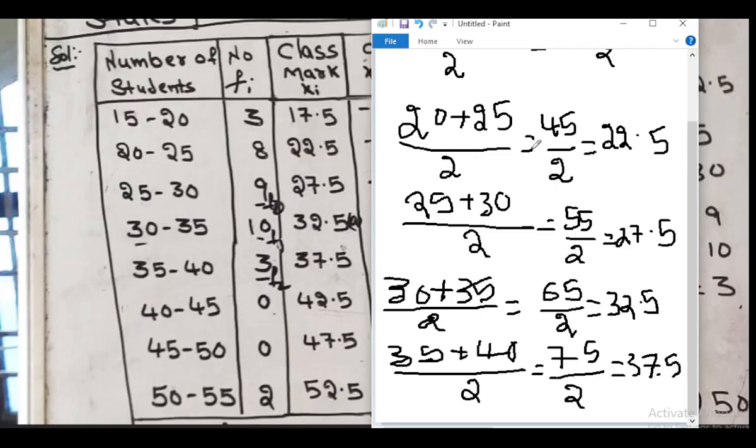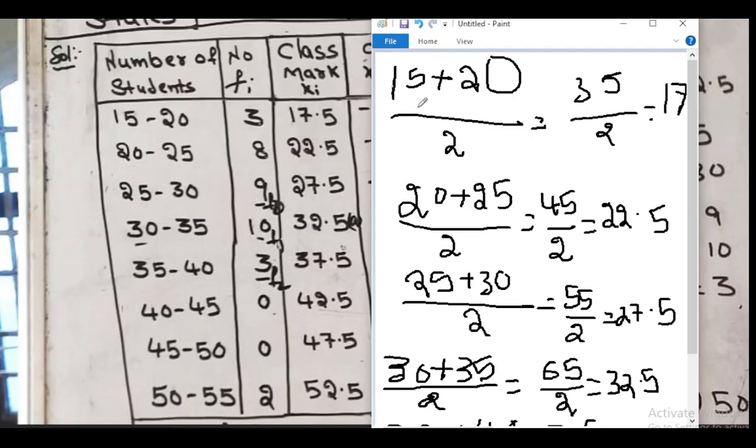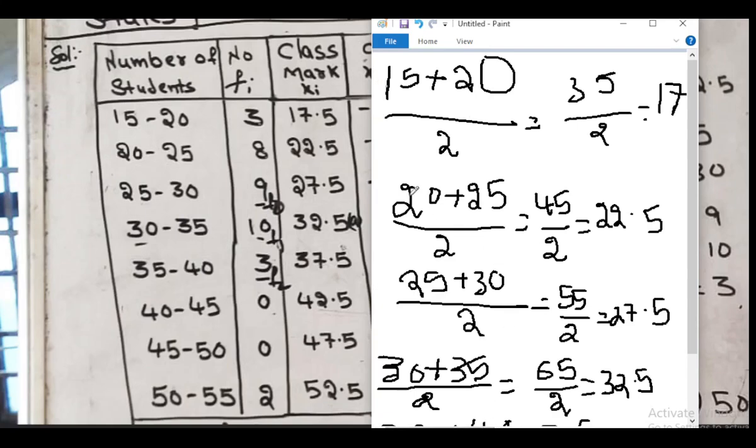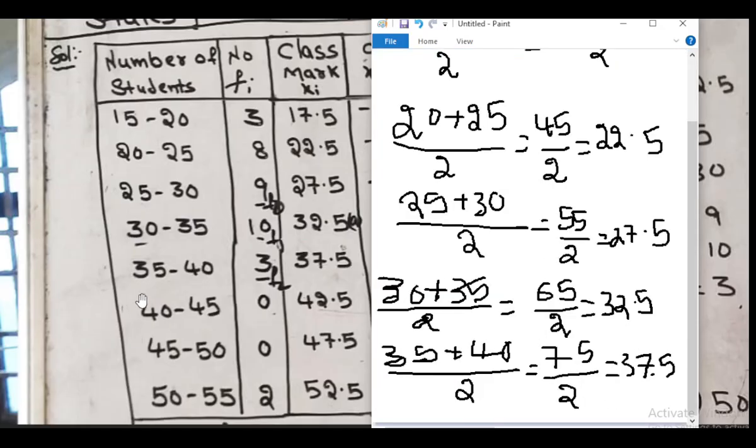So these are the class midpoints of these intervals. 15 to 20 interval midpoint is 17.5. Then 20 to 25 midpoint is 22.5. 25 to 30 midpoint is 27.5. Then 30 to 35 midpoint is 32.5. And 35 to 40 midpoint is 37.5.